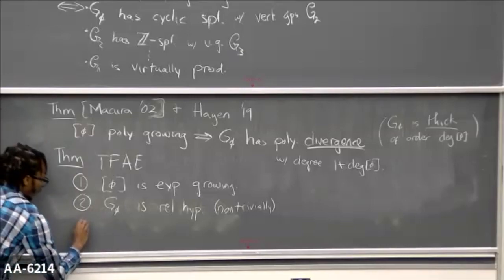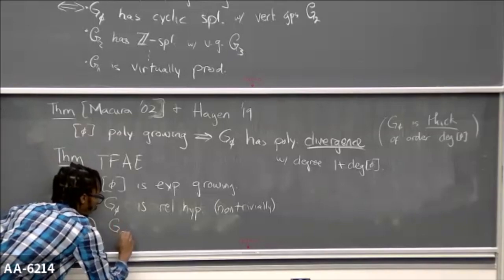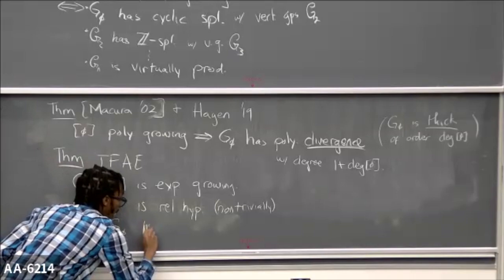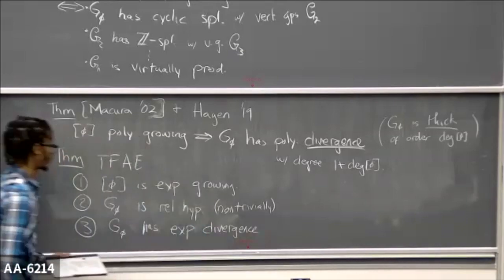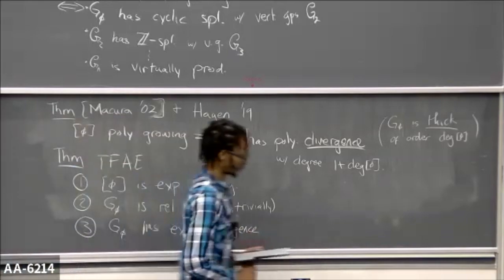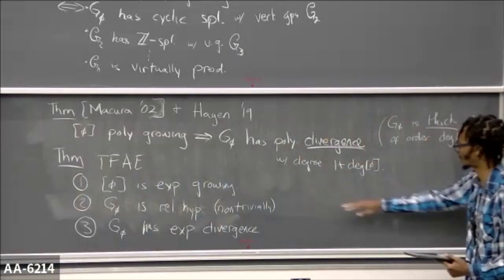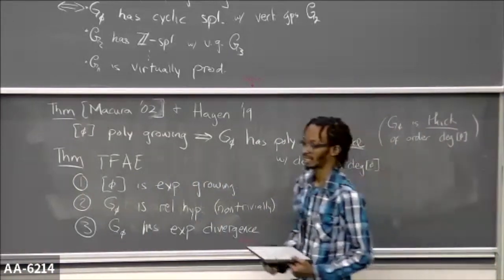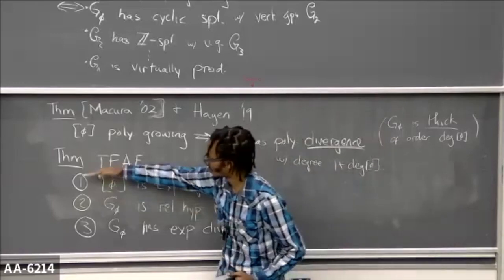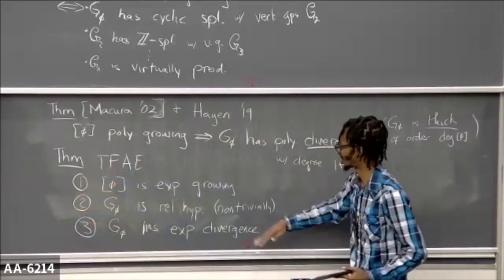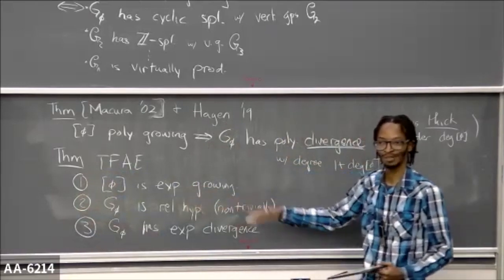And the third condition is G phi has exponential divergence. And so for the sake of time, I'm sorry, I'm not writing out all the people who've proven things here. Yes. Yeah, exactly. So 1 implies 2 was claimed by Gotero-Lustig, but the proof was incomplete.